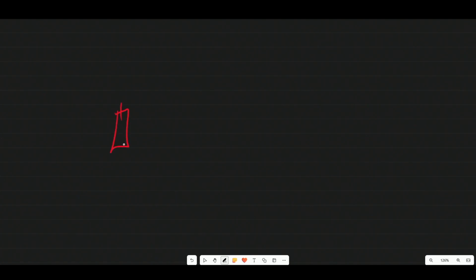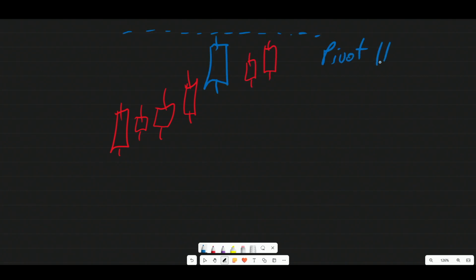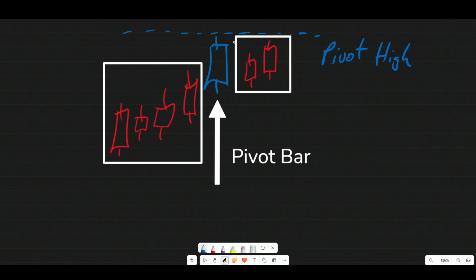So let's assume that we have 4 bars, and let me change the color here. Okay, so this is the pivot high. As long as this bar is higher than the bars on the left and higher than the bars on the right, that's called a pivot high.